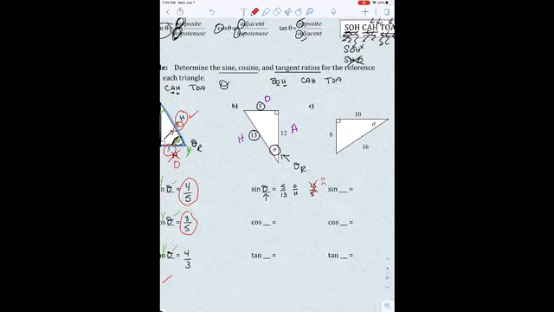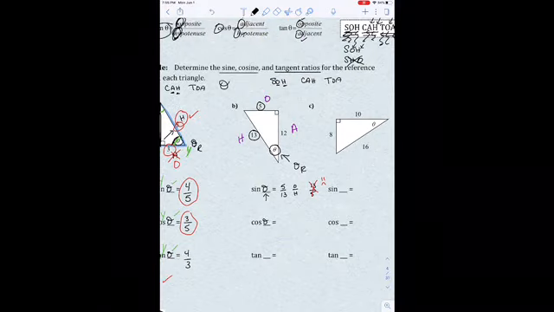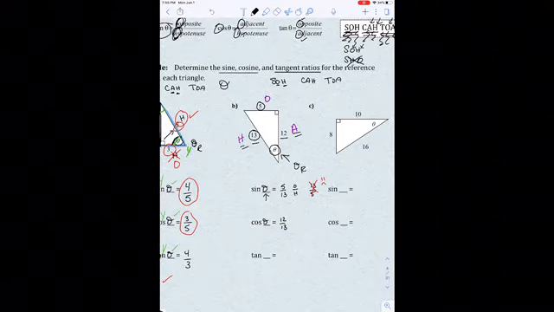Mrs. Schwartz would start to cry. So it's got to be opposite over hypotenuse, 5 over 13. You guys get that? I'm sure you do. Cosine of theta is 12 over 13, the adjacent over the hypotenuse. And tan of theta, opposite over adjacent, 5 over 12.